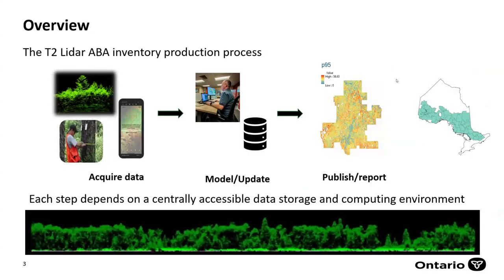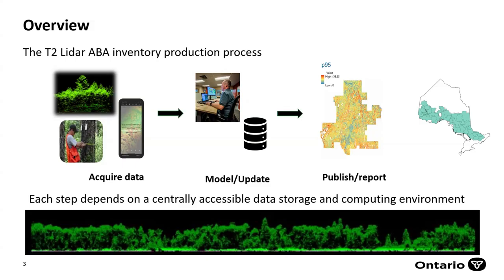As a broad overview, and you're probably aware from previous years, the ministry is doing a LiDAR inventory using the area-based assessment process. In terms of data acquisition, we are acquiring over 400,000 square kilometers of single photon LiDAR, at about 25 to 30 points per meter.